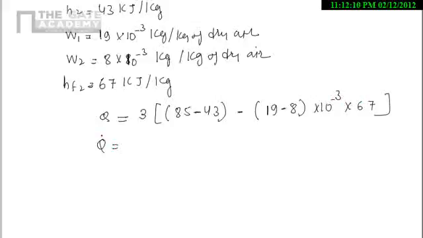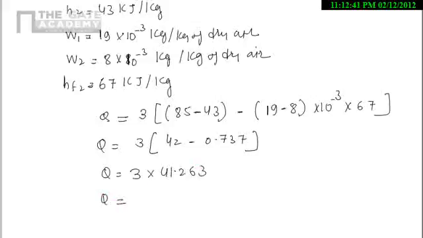So Q equals 42 minus, 11 into 10 to the power minus 3 into 67, which is 0.737. If we subtract it from 42, it comes 41.263, and if we multiply it with 3, we get 123.8 kilowatt. So the required cooling capacity of the coil will be 123.8 kilowatt.